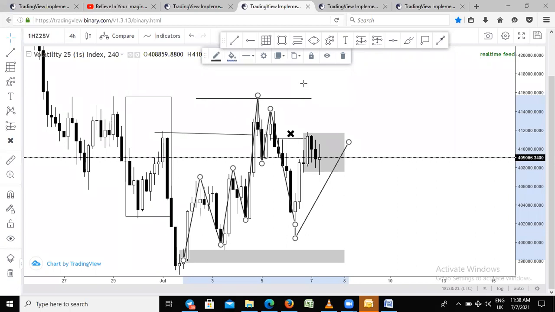Like if you have 4 hours showing you a bullish action, while 1 hour is showing you a bearish move, that's if you understand the market.